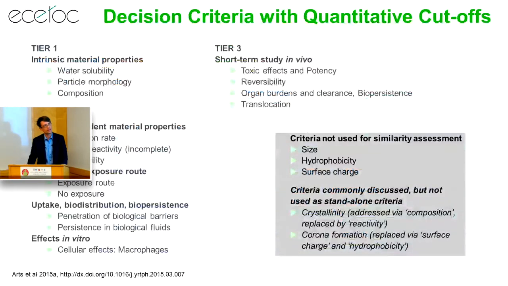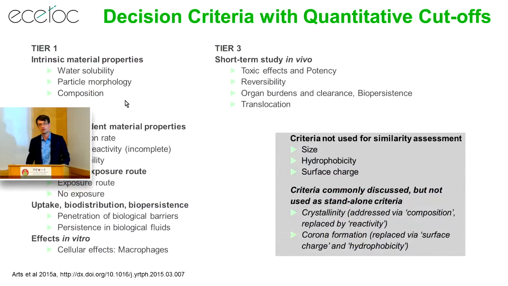And to that end, I'll first list again the properties that we use here. Intrinsic properties oriented along the 4 groups originally proposed from NIOSH. Then our system-dependent properties: our use, release, exposure assessment, biopersistence, and in vitro effects.